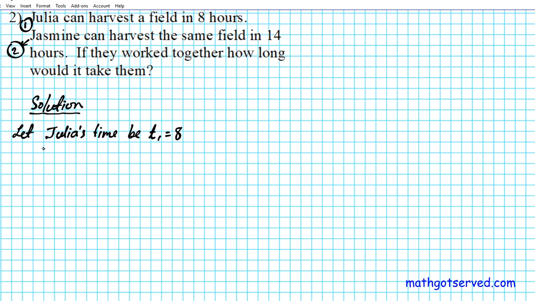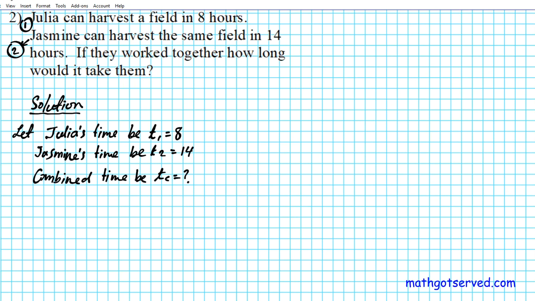And then let Jasmine's time be T2, which is equal to 14 hours. And their combined time, let's call that T sub C, which we do not know.